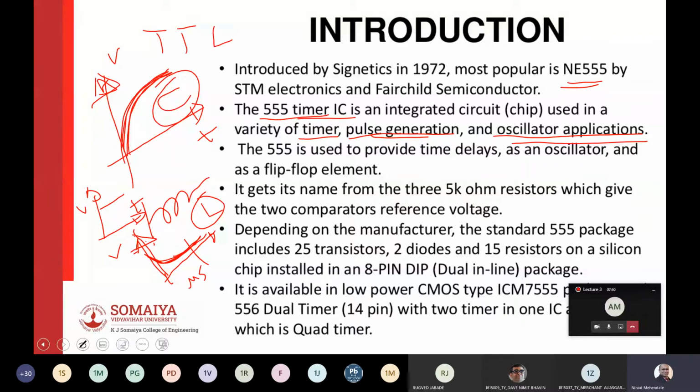That means the output can only be 5 volts or it can be 0 volts. Okay, remember this thing. So if somebody says I have applied an IC 555 with an 8 volt supply, still its output is going to be 5 volt only because it's TTL compatible. So there is a gate inside this IC. Then again it gets its name from three 5K resistors. So we will see the voltage division law.